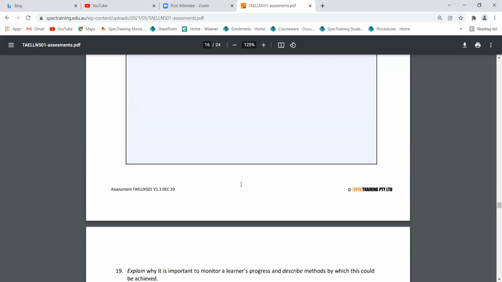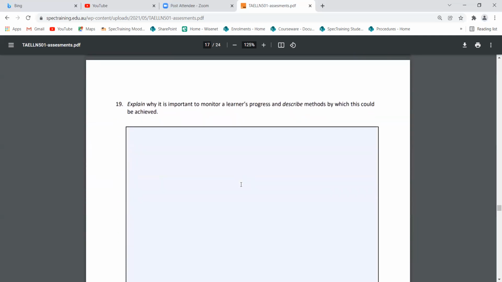Okay. Coming down, question 19, explain why it is important to monitor a learner's progress and describe methods by which this could be achieved. Okay, so essentially we could talk about informal observation. We could talk about regular LLA tests. We could talk about feedback from other trainers.